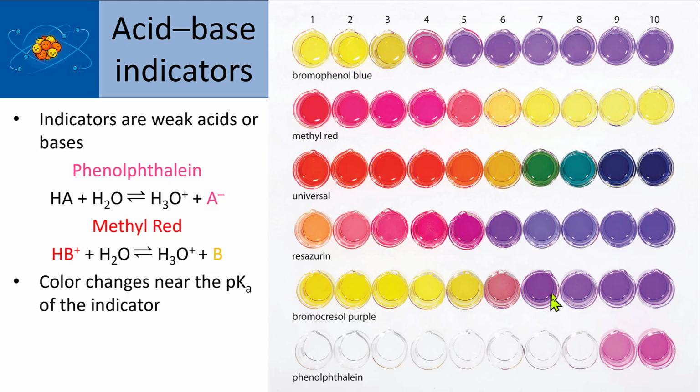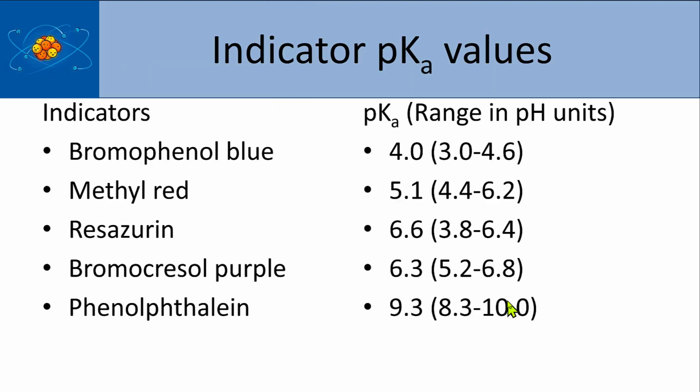You can calculate it, but most people don't spend the time to calculate it because it's pretty easy to estimate where it's going to be. And then you pick an indicator whose color change is easy to see, right? That is, goes from a light color to a dark color, for example, and is near that equivalence point pH. The pKa of the indicator is near the equivalence point pH.